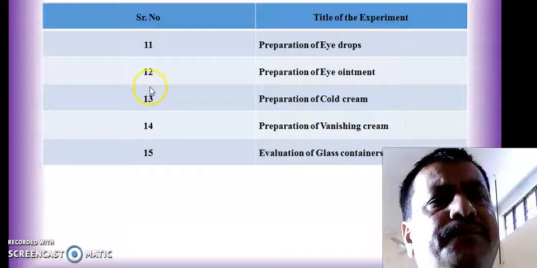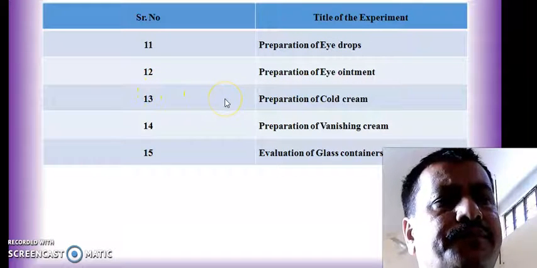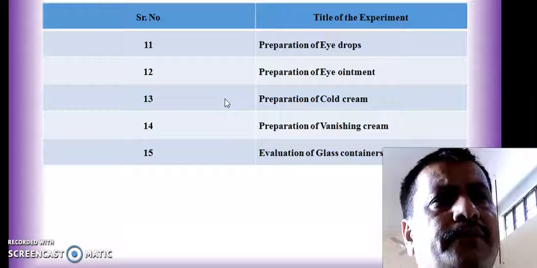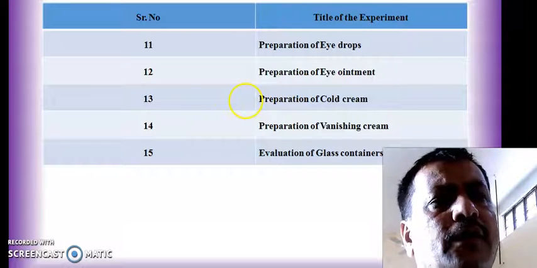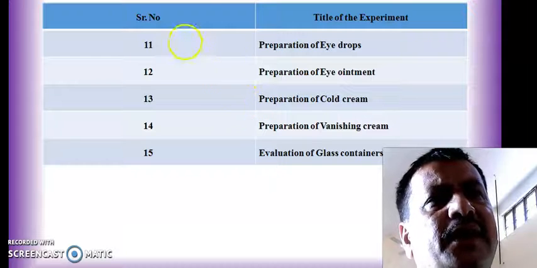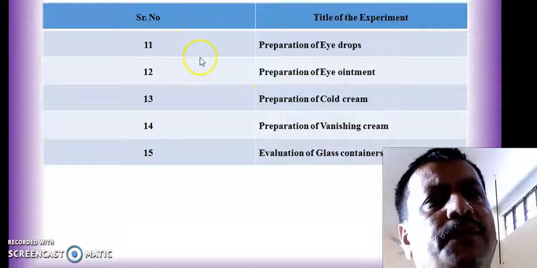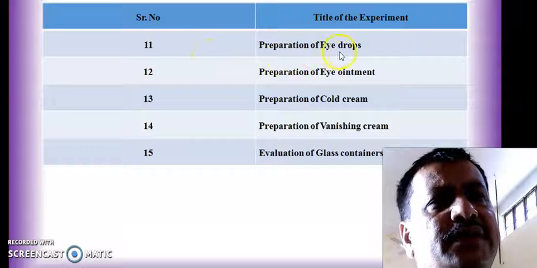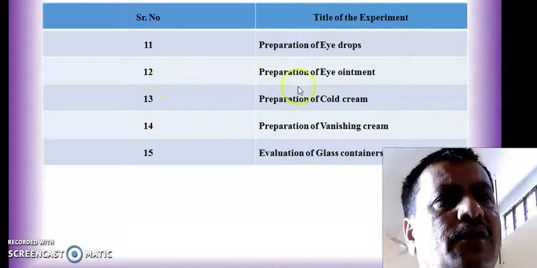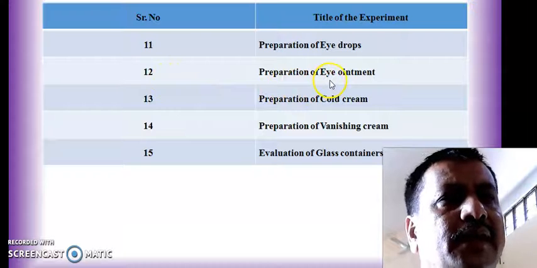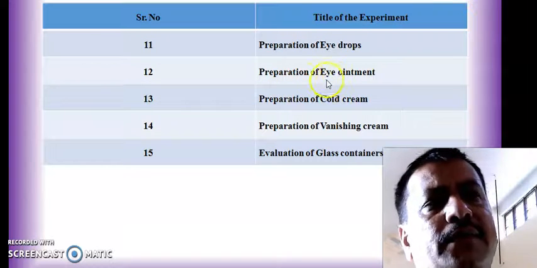In the same way, we have some dosage forms from the category of ophthalmic products. So in experiment number 11, we are going to prepare eye drops and do evaluation of these eye drops. Then in experiment number 12, we have preparation of eye ointment by aseptic technique and evaluation of this.